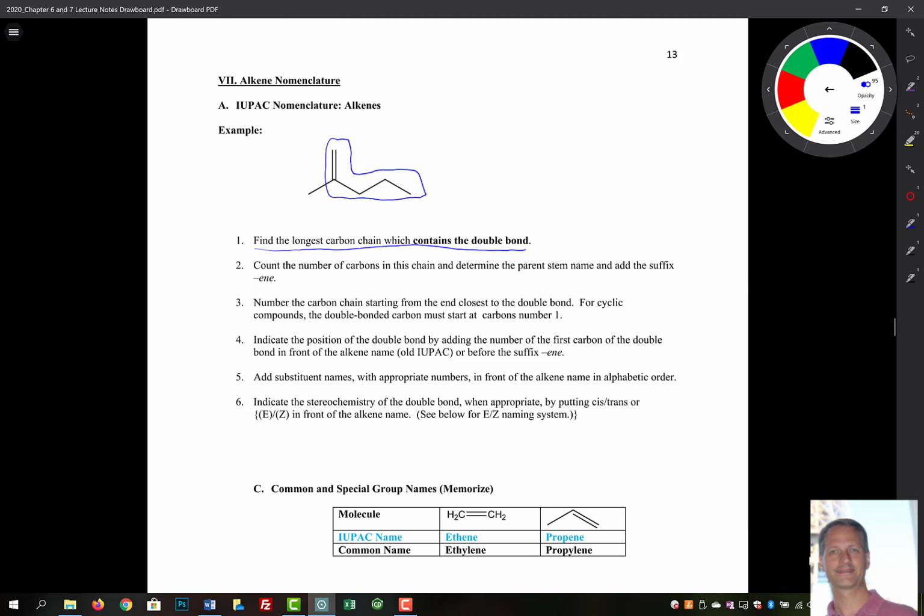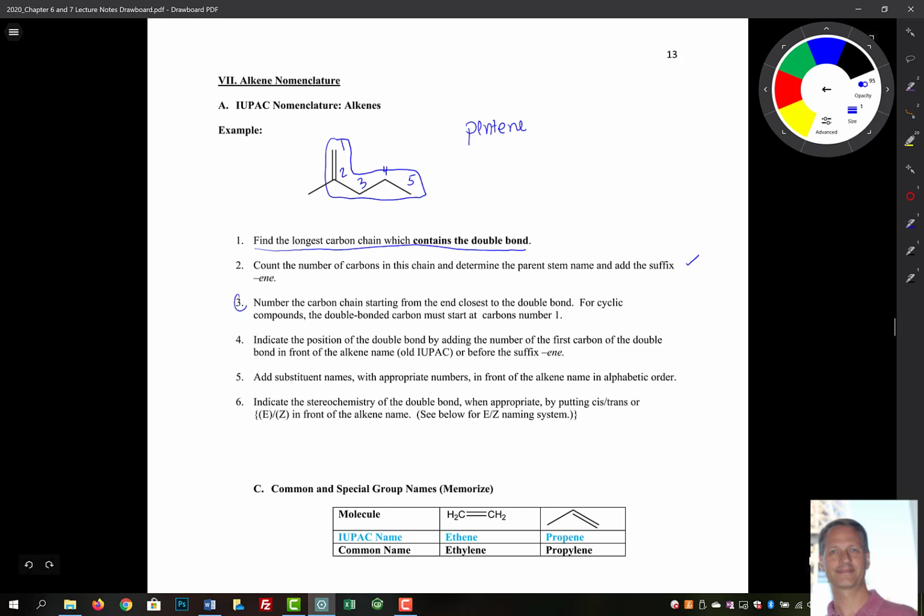We're going to count that number of carbons in the chain, and we're going to determine the parent name or the stem name and add the suffix "ene." So they're alkenes. So let's count them up. 1, 2, 3, 4, 5. So it's a pent, and then it's an ene, right? Because we have a carbon-carbon double bond on it.